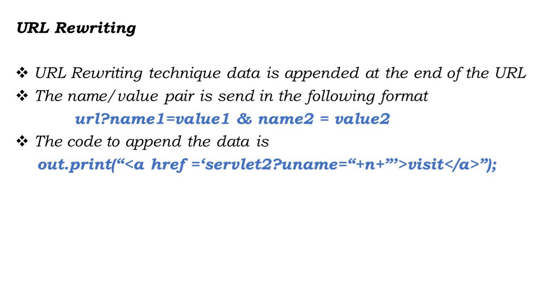A parameter name value pair is separated from another parameter using the ampersand symbol. When the user clicks the hyperlink, the parameter name value pairs will be passed to the server. From a servlet, we can use the getParameter method to obtain a parameter value.